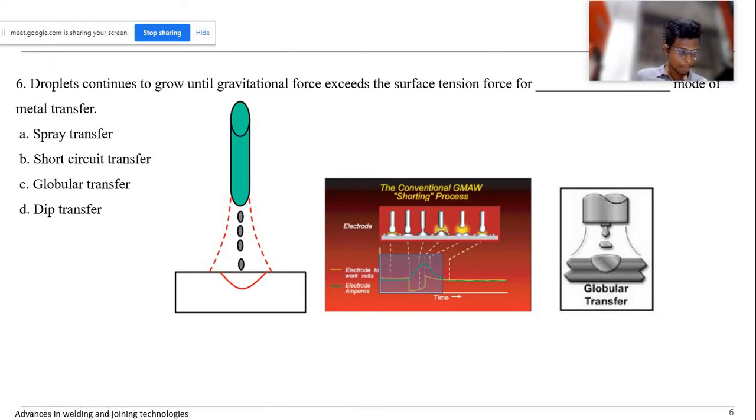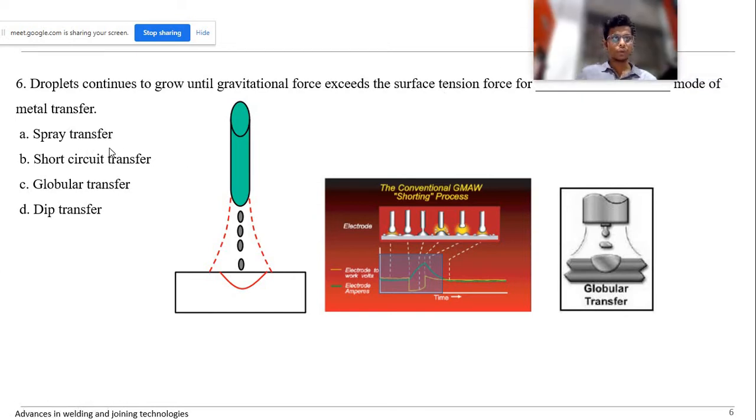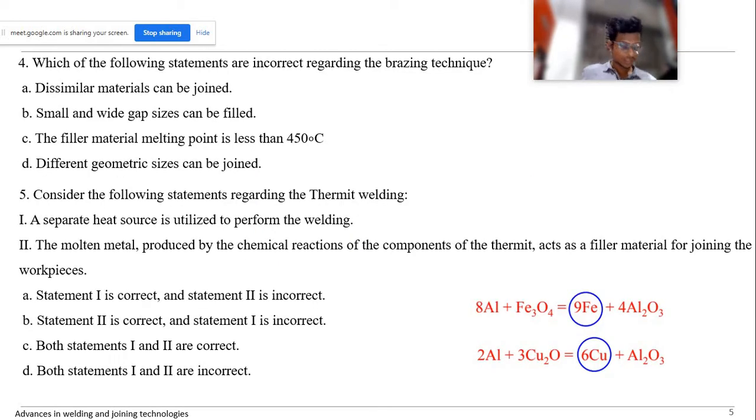Let me see in the chat box. Someone has chatted that some heat is required to start the chemical reaction. Yes, but it is not a separate source; initially, some heat or some initiation is required only at the initial stage.